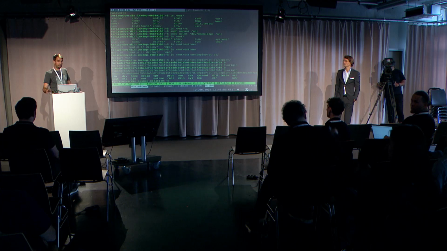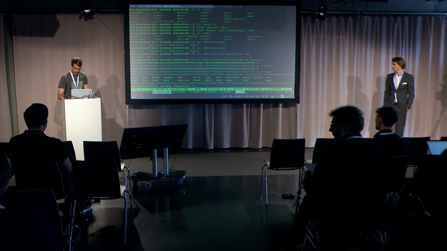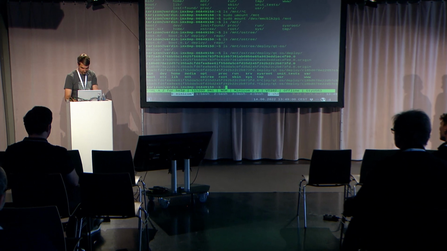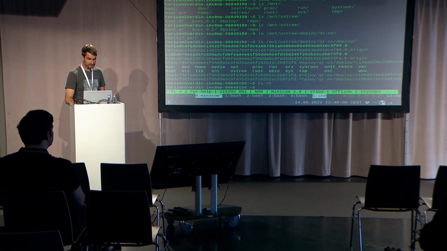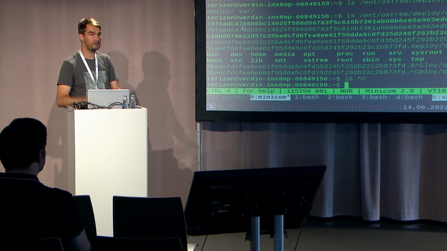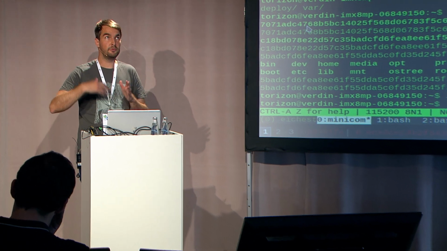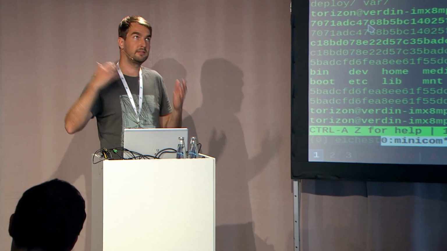No, it will keep the old version. So it is still this 7,000, 7 something. This is the old version, and it will keep it. Even if you download, let's say, or deploy 1,000 versions, it will keep these 1,000 versions.